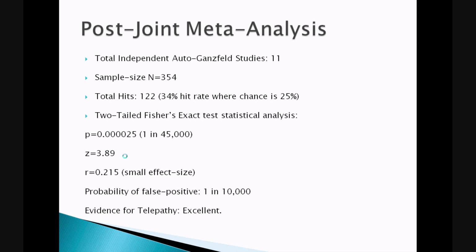These experiments were statistically significant with a corresponding Z-score of 3.89, which corresponds to a 1 in 45,000 probability of attaining a hit rate of at least 34% by chance, whereas the average chance expectation is 25%. The meta-analysis actually showed really strong evidence for telepathy, even though the studies were done the way the non-believer in psychic phenomena, Ray Hyman, expected it to be done.